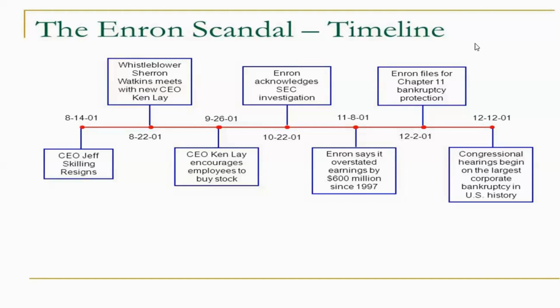After that, whistleblower Sharon Watkins meets with new CEO Ken Lay, and Ken Lay encourages employees to buy stock. Enron acknowledges an SEC investigation. The SEC made a formal investigation in 2001. Enron says it overstated earnings by 600 million. So it's confessed.